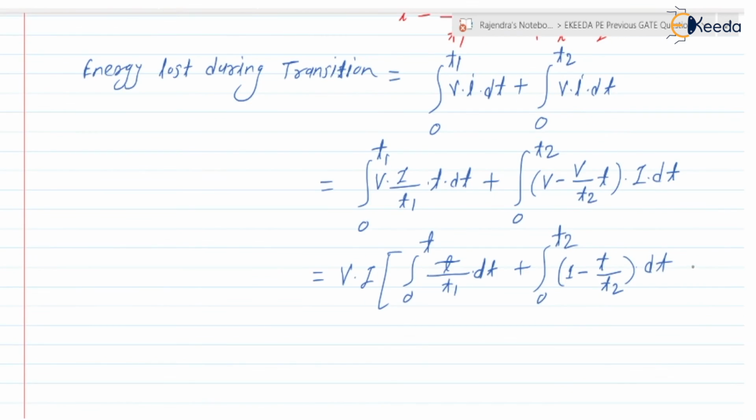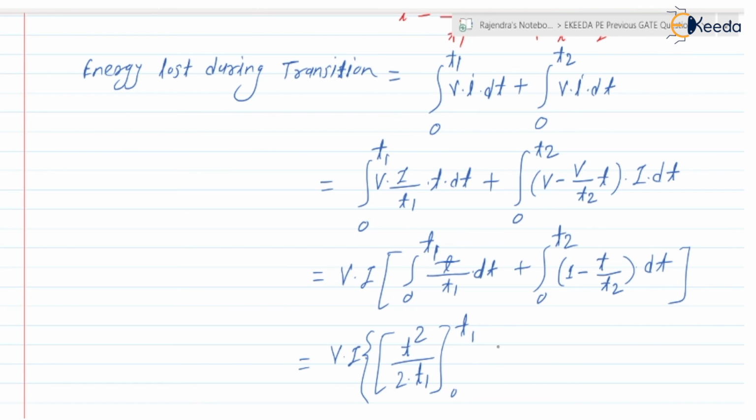So we can simplify it as V into I into, integral of t dt will be t square by 2 t1, with limit 0 to t1.